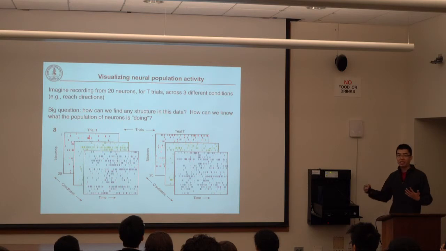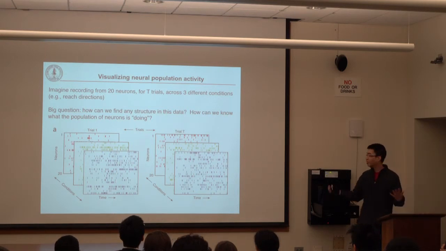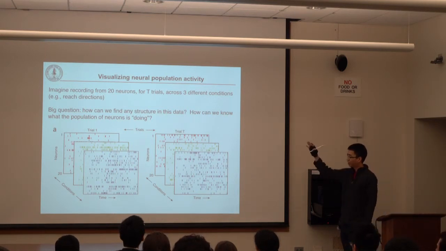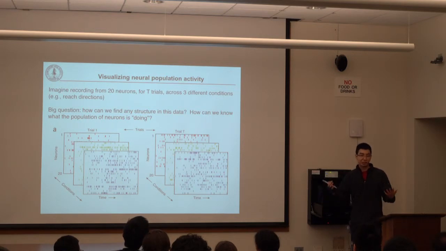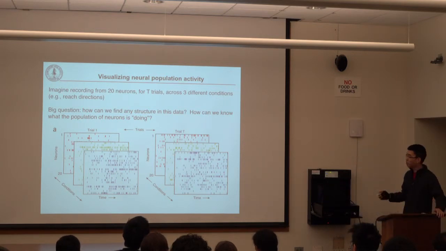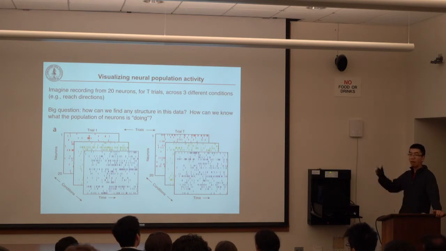Now we're looking at this population neural data, and we have way too many spike rasters to look at. We want to do some basic neuroscience: we want to understand what the neural population is actually doing here. So the big question is, how do you find any meaningful structure in all of this data? Just looking at it, it's hard to see because there's so much of it.